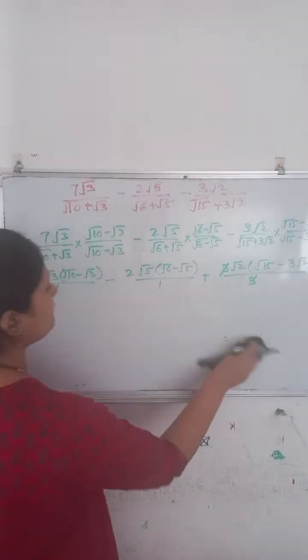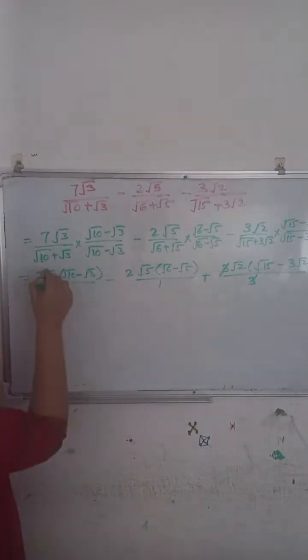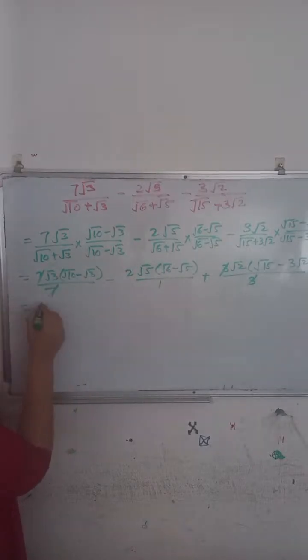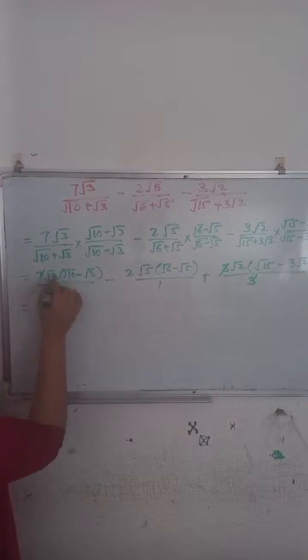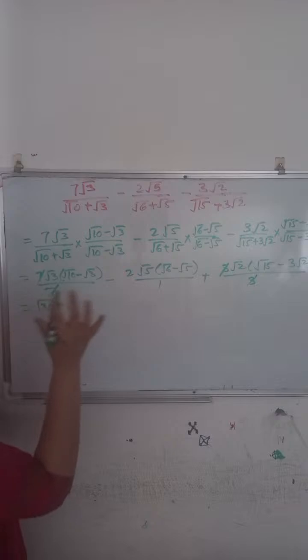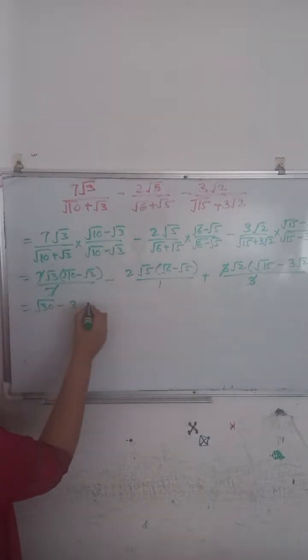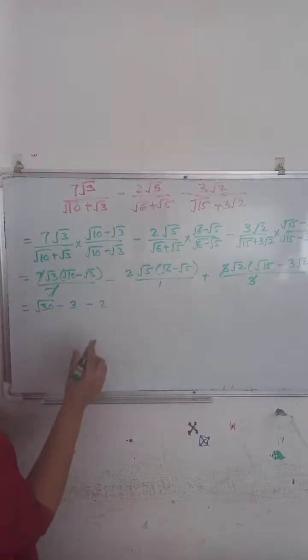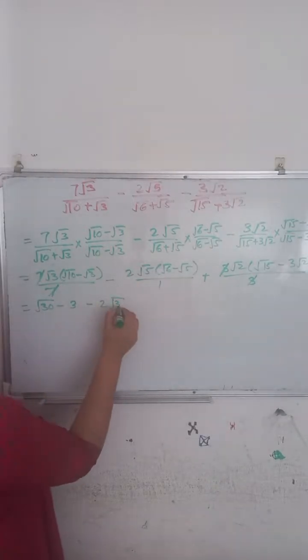Okay. Now what can we do? The given things are multiplying along with the negative sign. So here root 10 into 3 is root 30 and root 3 into root 3 is 3. Now minus 2 root 6 into 5 is root 30.